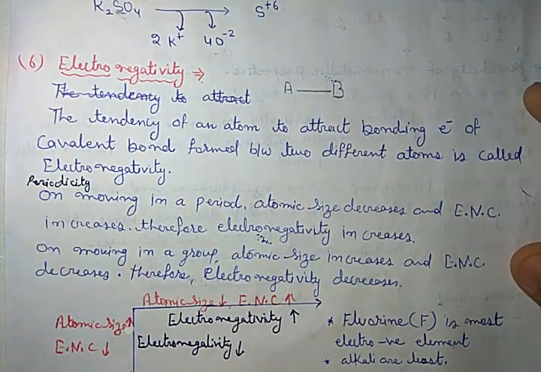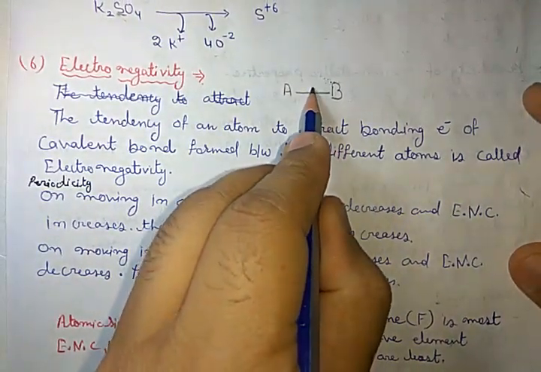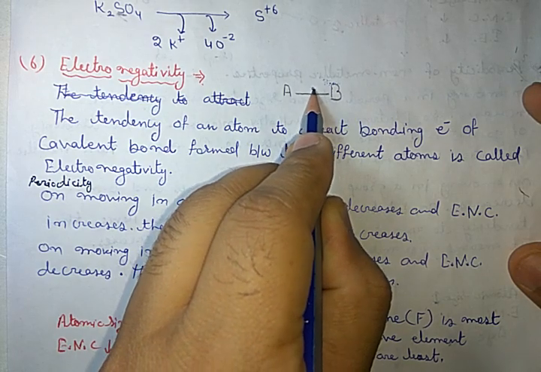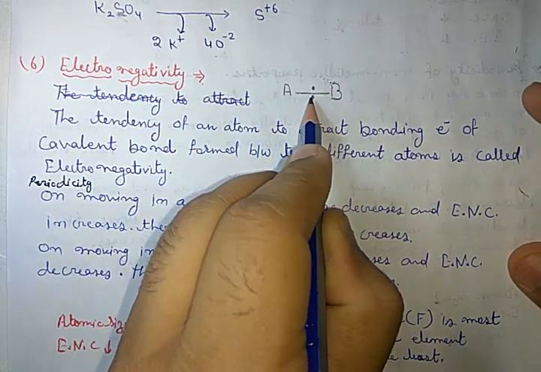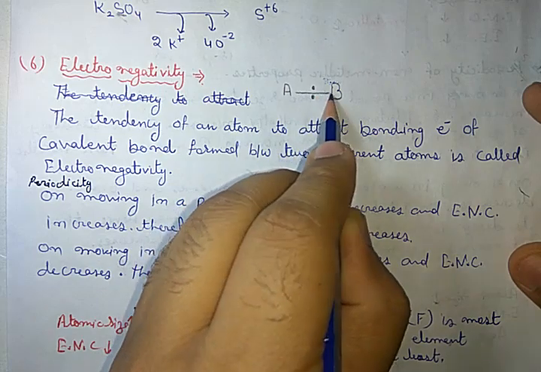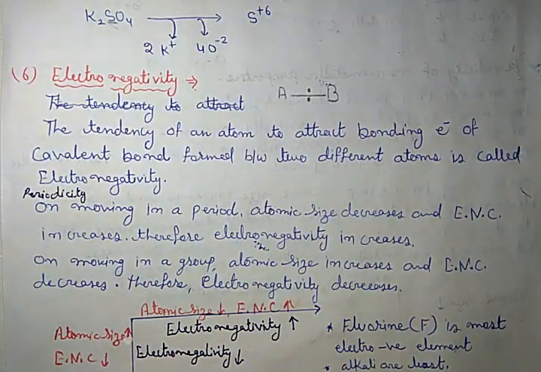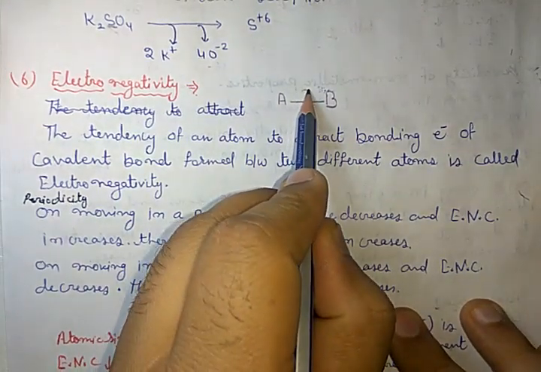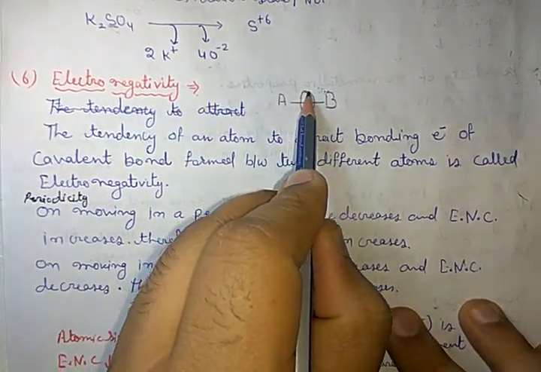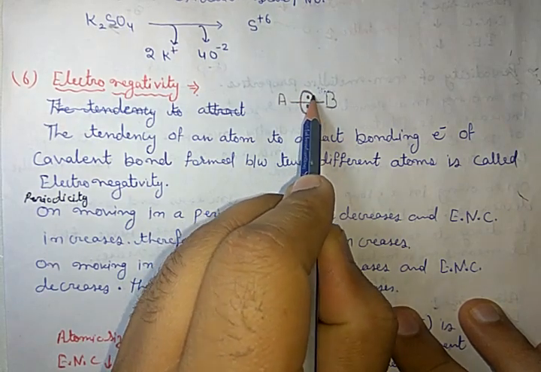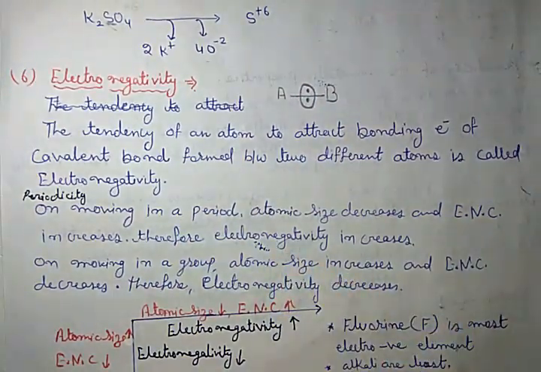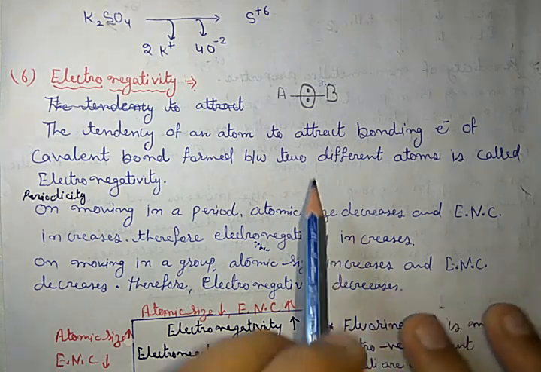You know that in a single covalent bond, both atoms, A and B, share one electron pair, which are the bonding electrons.